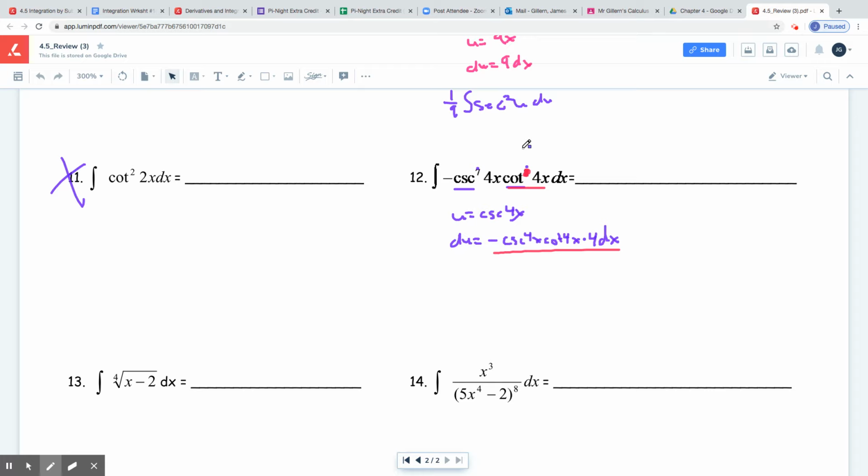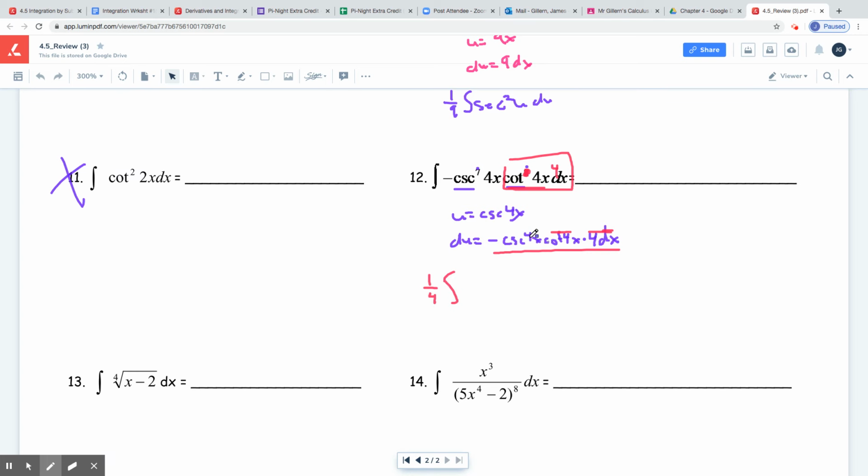Otherwise you guys can't do this problem. So let's pretend that cotangent is not squared. It is just to the first. So I have cotangent 4x. I have dx. I'm missing a 4. So I put a 1/4 here.